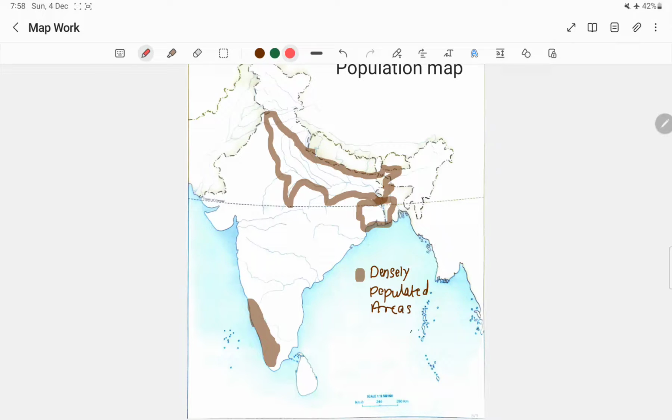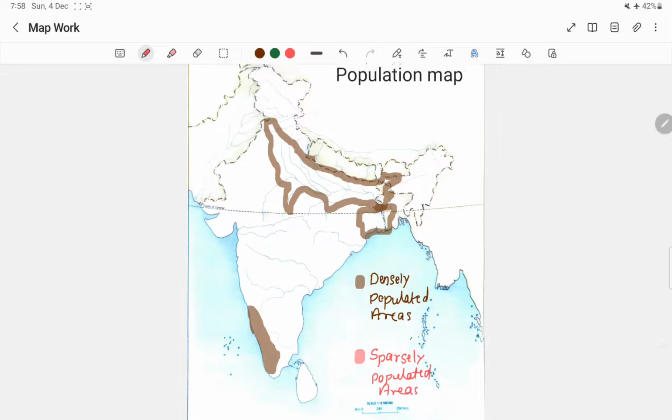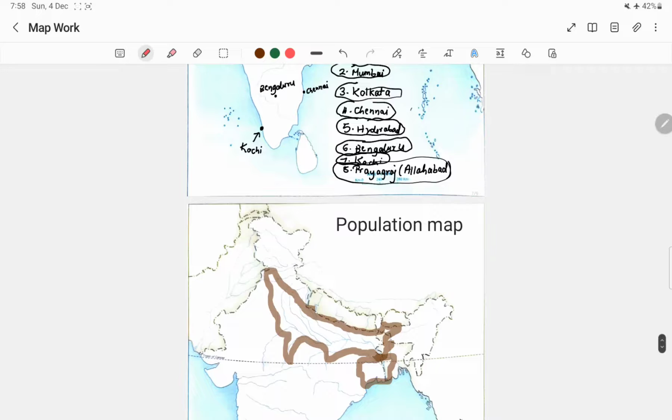Now let's use the red color for marking the sparsely populated areas. So all the northern region of India will come under the sparsely populated area.